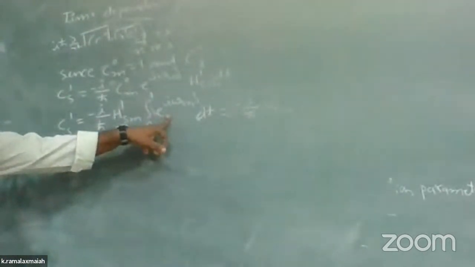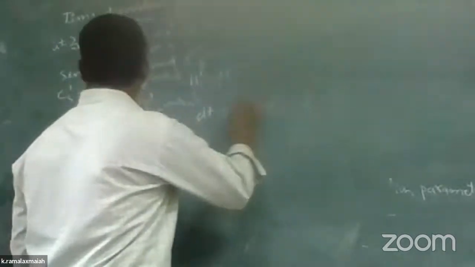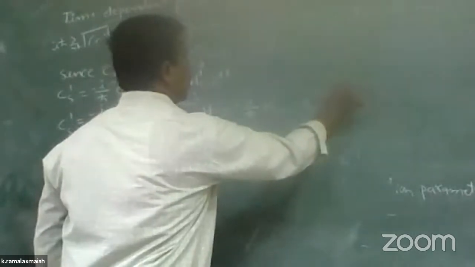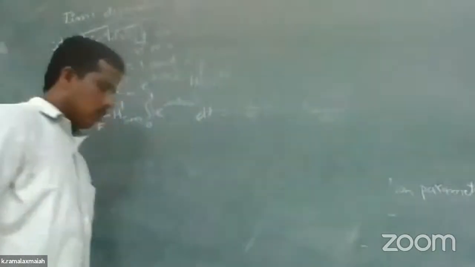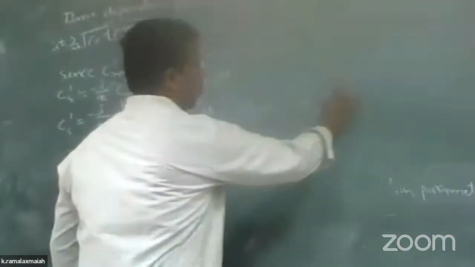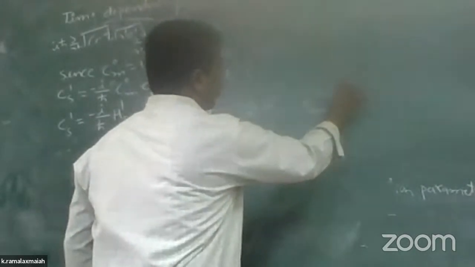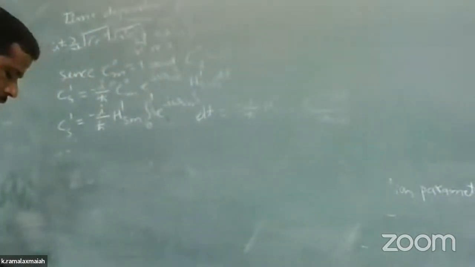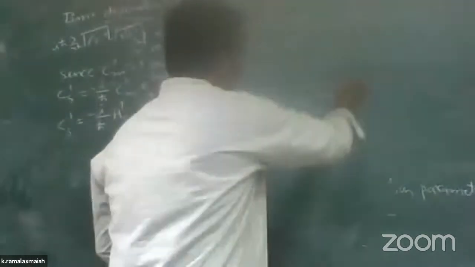So e^(iω_sm t) over ω_sm, this is m, not n. This is also ω_sm, from 0 to 1.